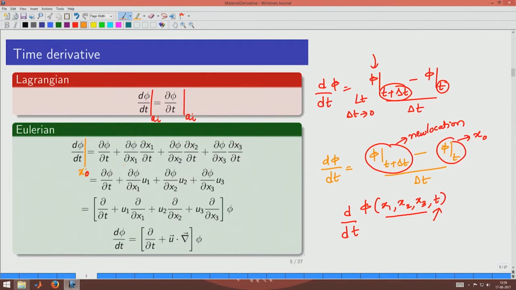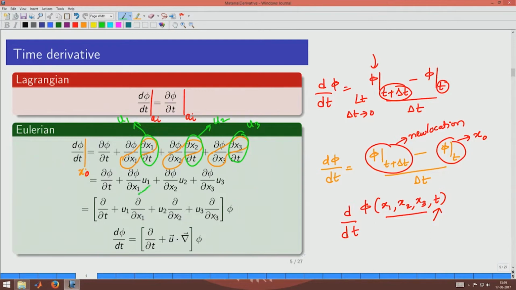So, you have these terms. You can see the cross terms that are coming from the chain rule. And then we recognize that these terms here are nothing but the velocities themselves, the components of velocity. So, we can put them in, and you can see that d phi by dt can be given as dou phi by dou x1, and then this is u1 here.